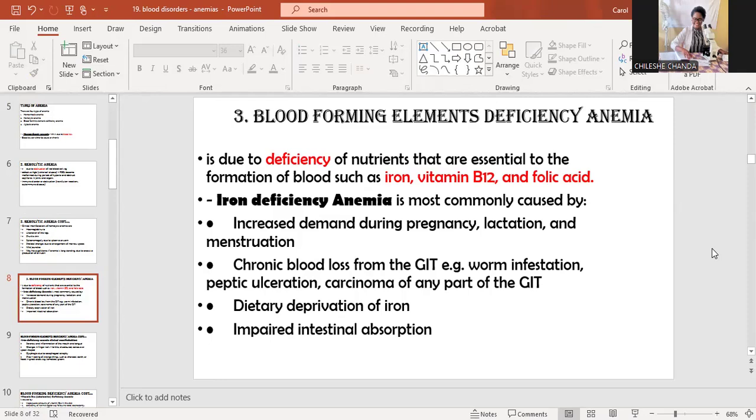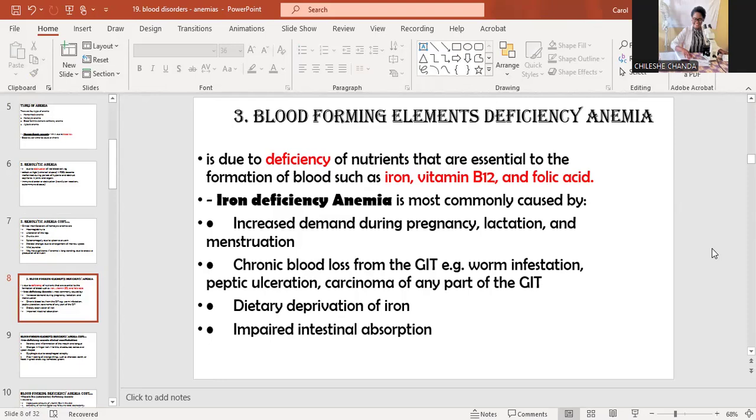This could be due to several factors. Factors that include things like a pregnancy where there's a high demand of blood.